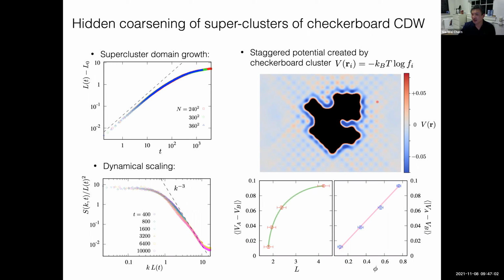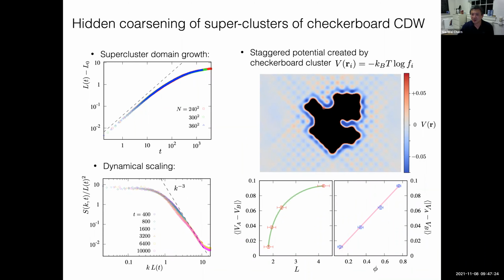We put a test particle in the neighborhood of this cluster, and we do a bunch of Monte Carlo simulations to see how many times the test particle stays at one particular site. And then from this frequency, we can obtain an effective potential. You can see that there's a staggered potential in the neighborhood.